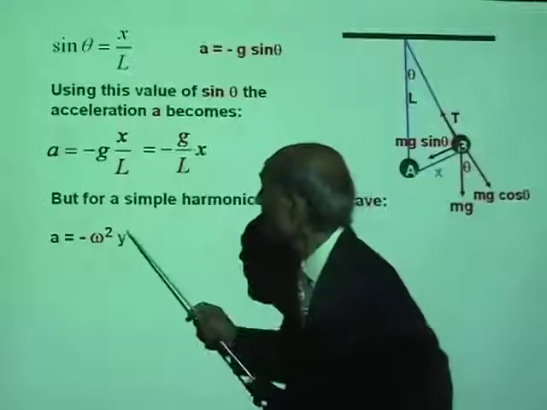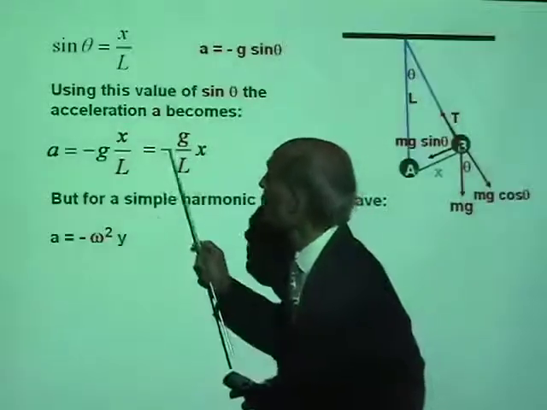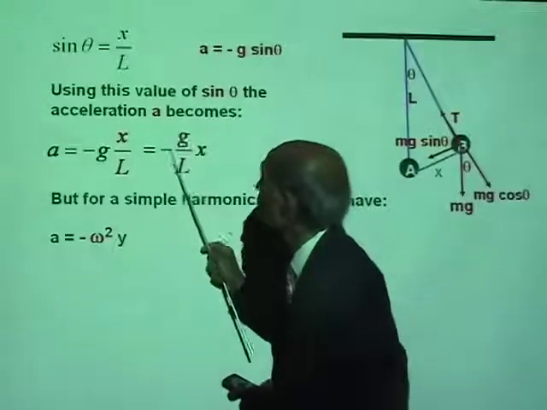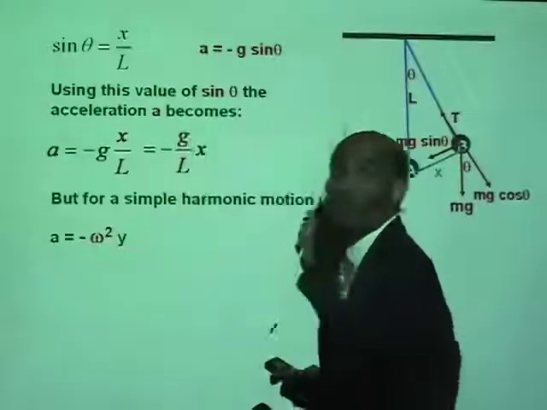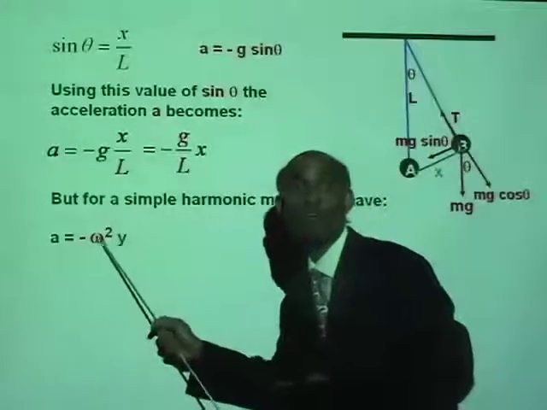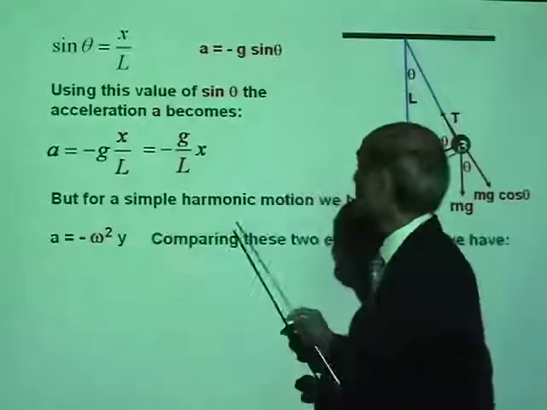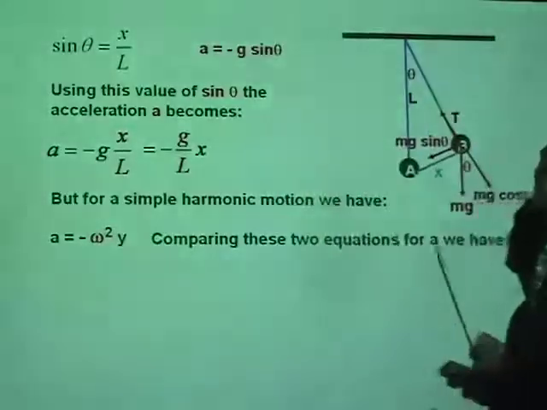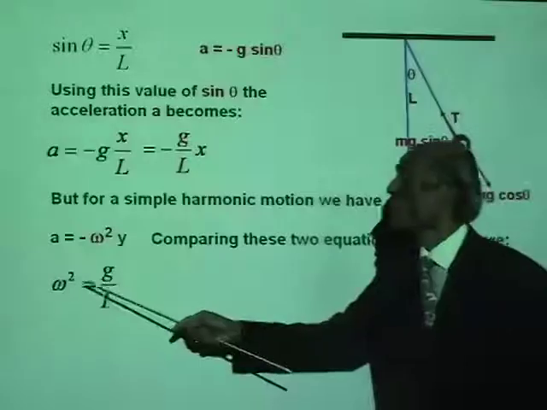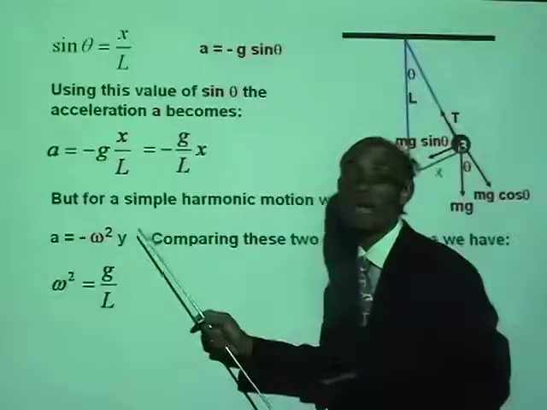So x and y are both the same. That means if you compare the two equations, this g over L for the simple pendulum stands for this omega squared. Don't you see it? Alright, comparing these two equations, we have omega squared equal to g over L.